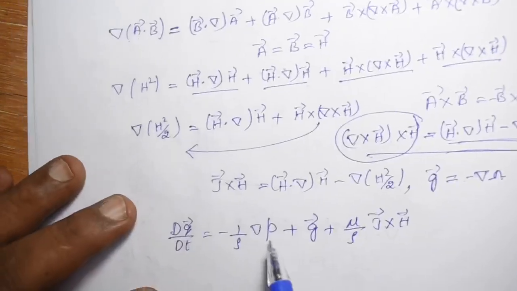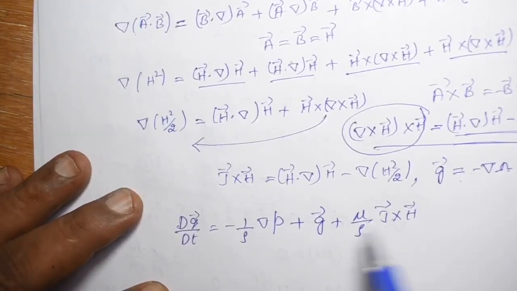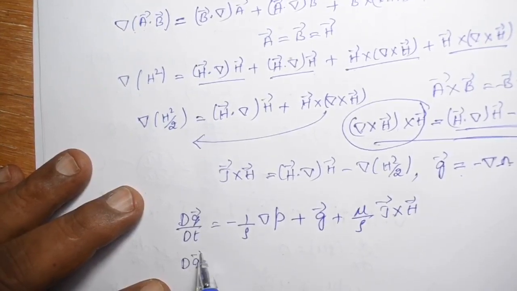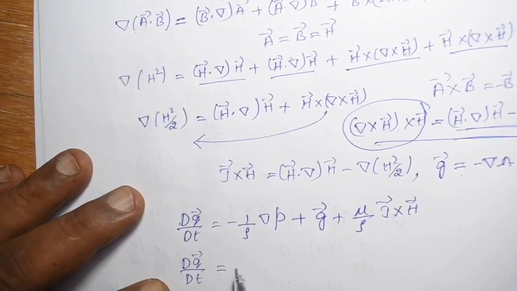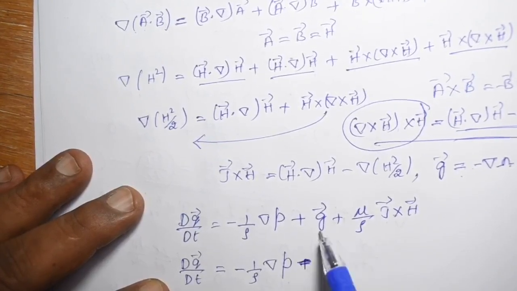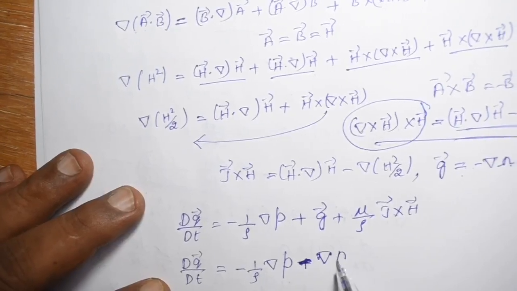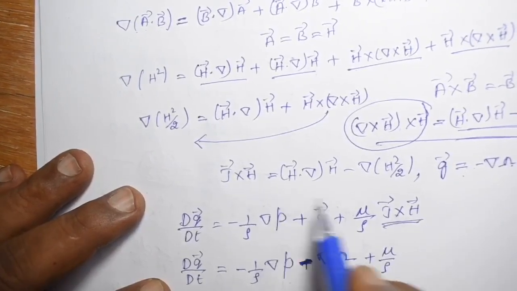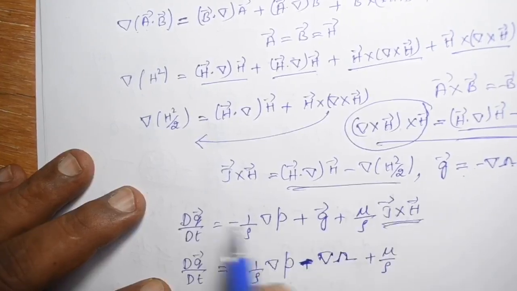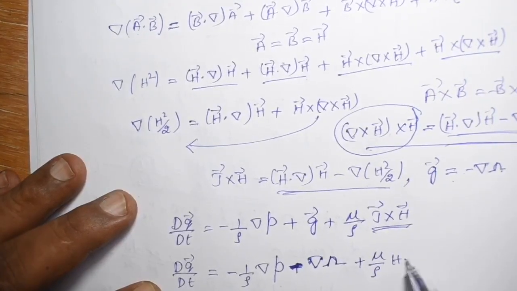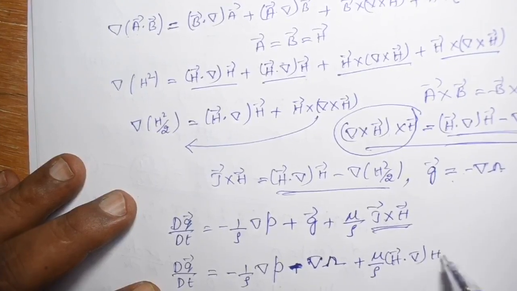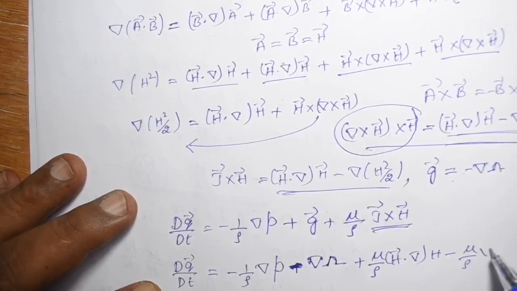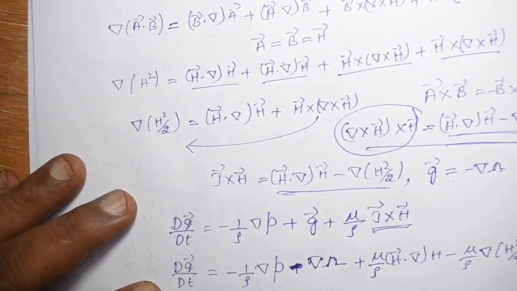Now replace the terms. So what we obtained here becomes dq by dt is equal to minus 1 by rho into gradient of P minus, instead of G, you can write minus gradient of omega, plus mu by rho into, instead of this term, you express these two terms: H dot del of H minus mu by rho into gradient of H square divided by 2.